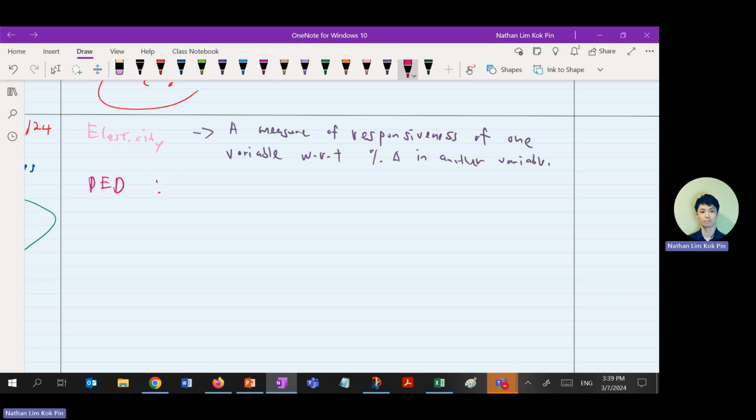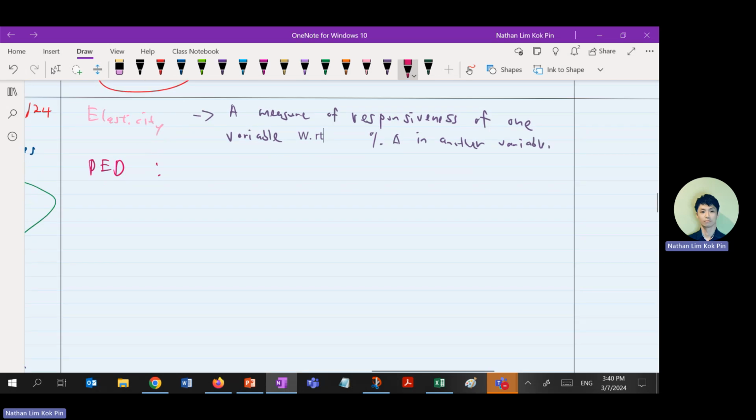With respect to. You all never read the dictionary. The dictionary also writes like that, right? With respect to. Don't you know? Do you know what a dictionary is? Yes. Wow. Okay. When I was young, I didn't look at Google. I looked at the dictionary. Okay. PED refers to what?